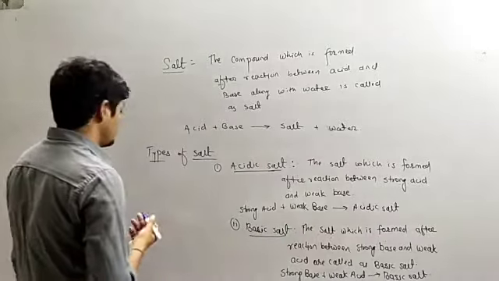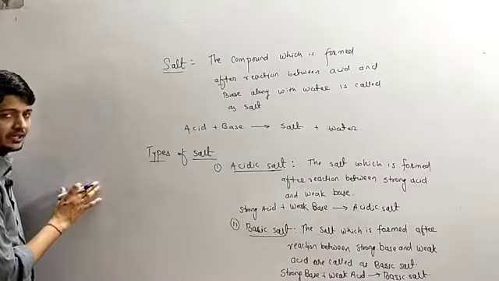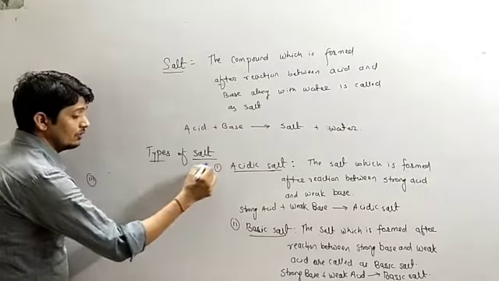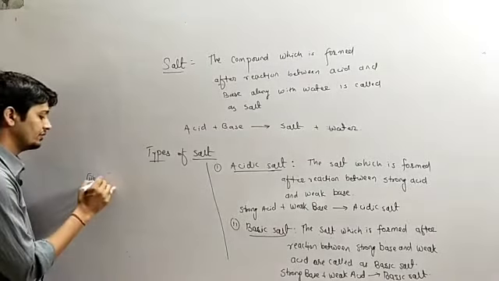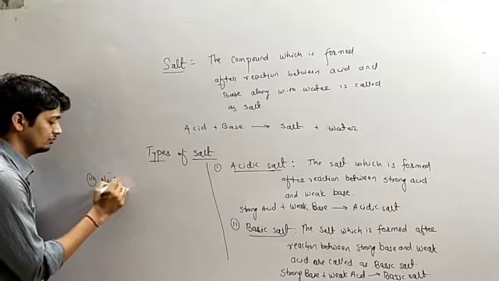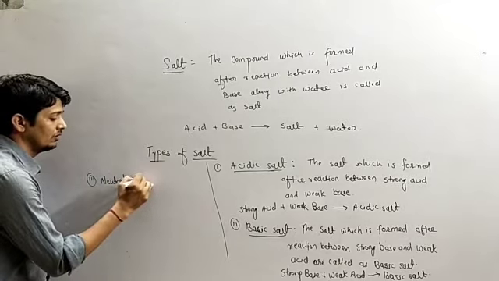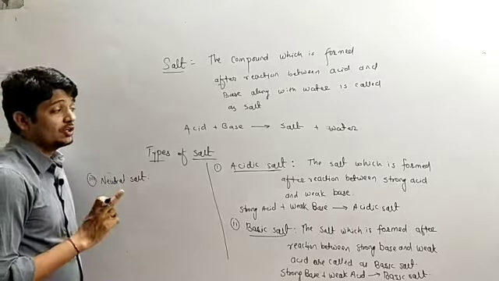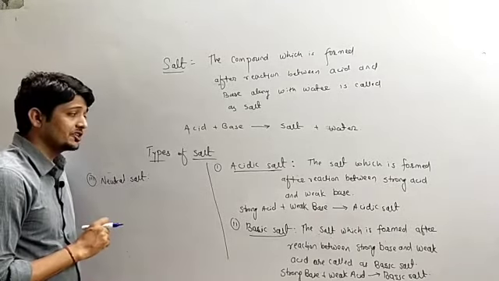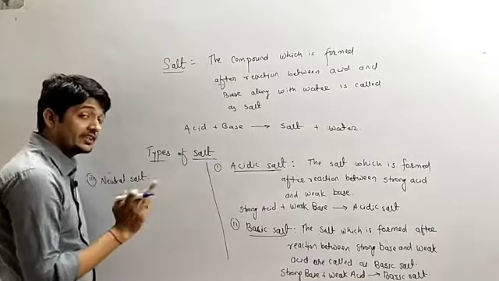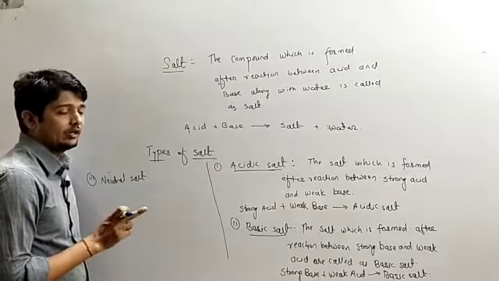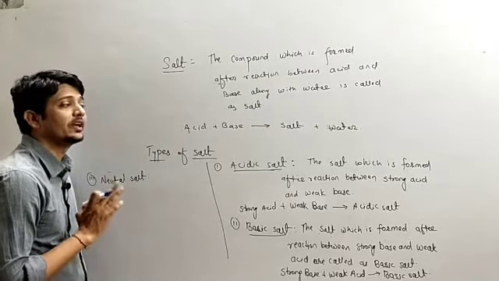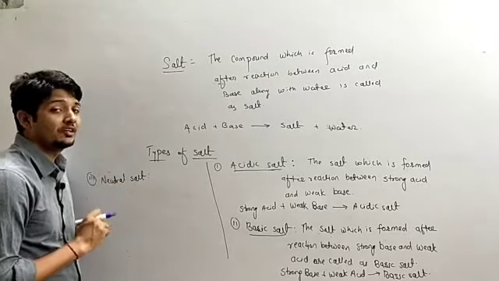Okay, so neutral salt I am going to write here. So third type we have neutral salt. Neutral salt. So the salt which are formed after reaction between strong acid and strong base or weak acid and weak base, then the salt which is formed, that will be the neutral salt.